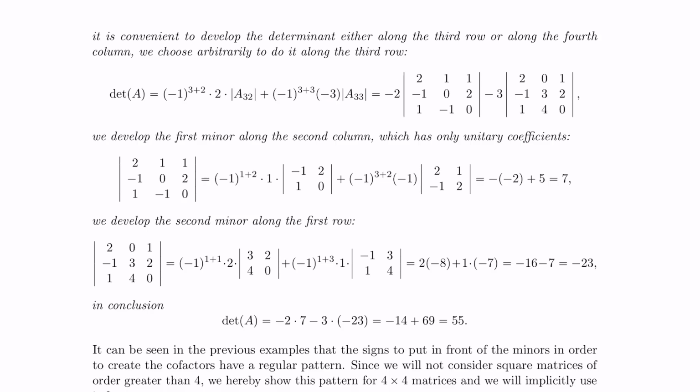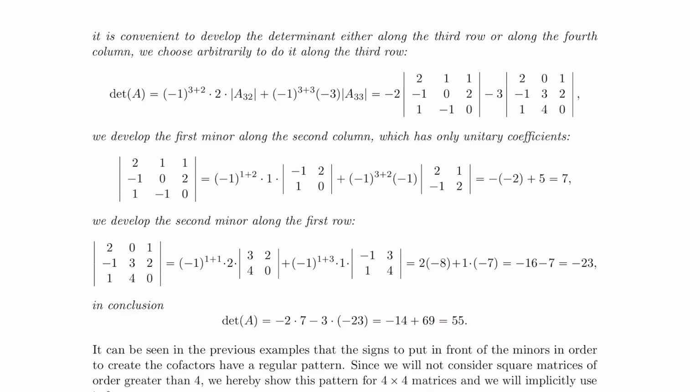The greater difficulty consists in the fact that these two minors are determinants of matrices of order 3. As a very useful exercise, you can check that these two determinants are 7 and -23 respectively. Introducing these values here and here, you find that the determinant of the matrix A of order 4 is 55.